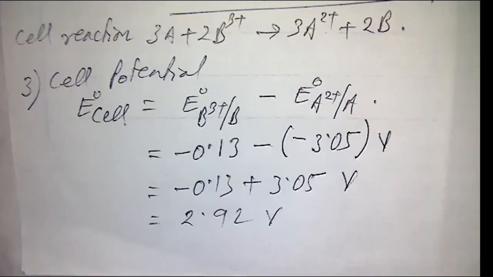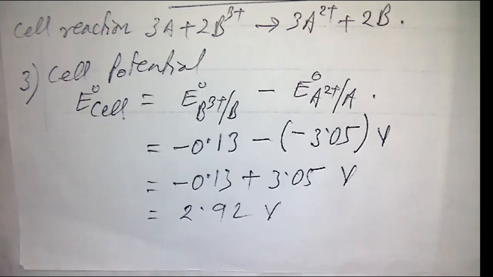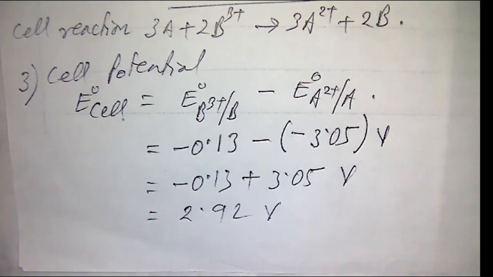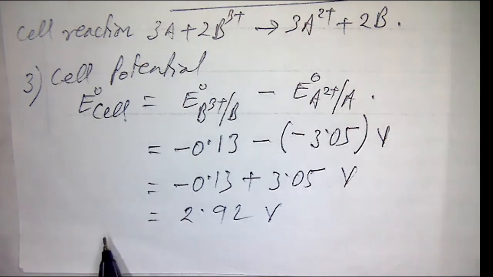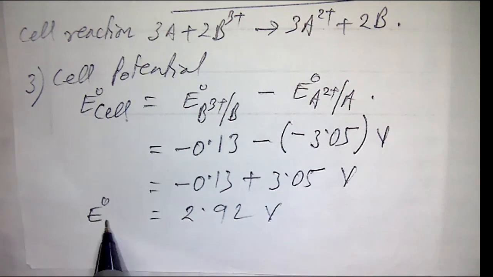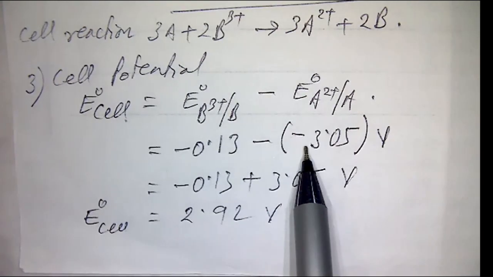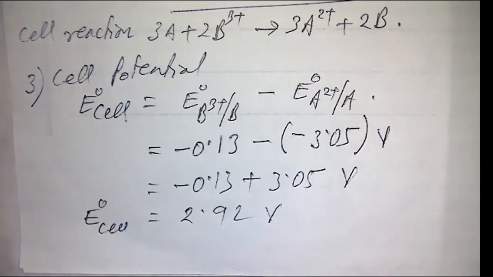Understood? Yes, sir. So this is your E naught of the cell. Remember here we had negative values, but the cell is positive. This E naught of the cell always comes positive. Remember, it cannot be negative. Understood?